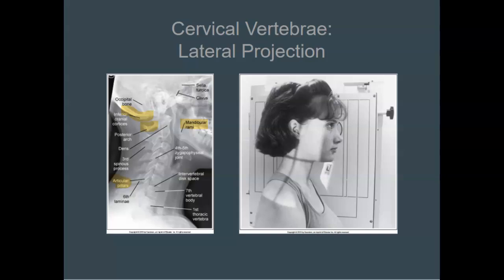The long axis of the cervical vertebra should be aligned with the long axis of the exposure field. The sella turcica, first through seventh cervical vertebra, and superior half of the first thoracic vertebra and the surrounding soft tissue should all be included within the exposure field.